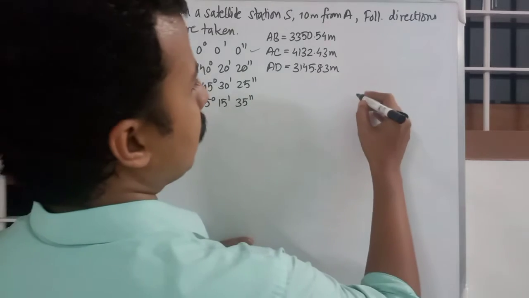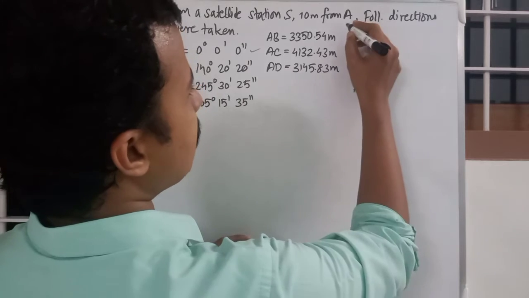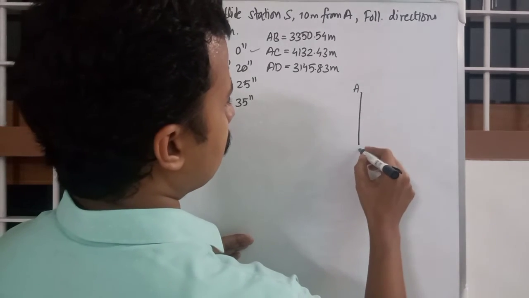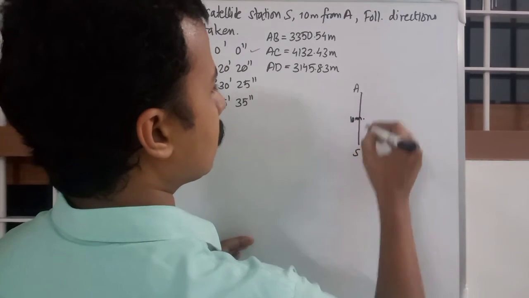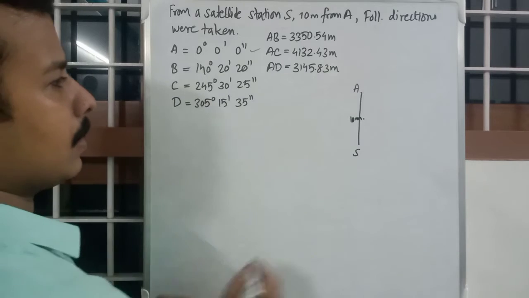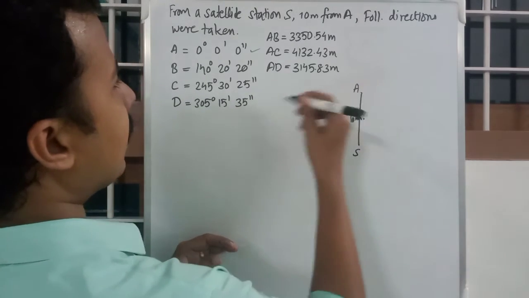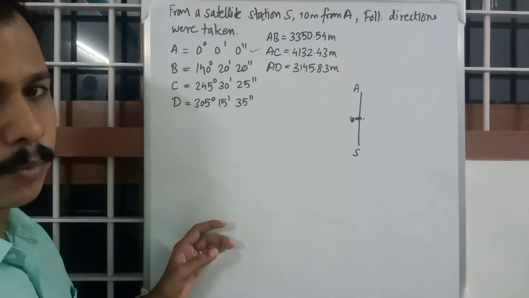So if this is A, the true station, from A, 10 meters is the satellite station S. From S, the bearing to A was taken as 0 degrees 0 minutes 0 seconds.